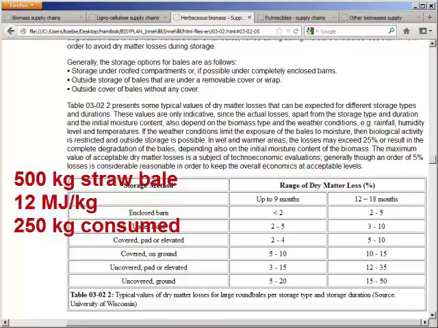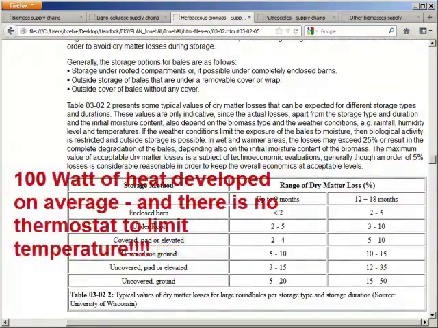So 250 kilos of straw with a heating value of 12 megajoules per kilo are consumed during 12 months. Then the mean heating power that is developed inside that round bale is 100 watt.